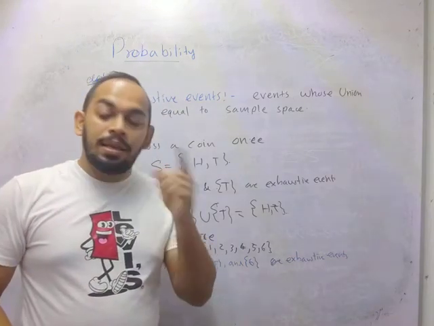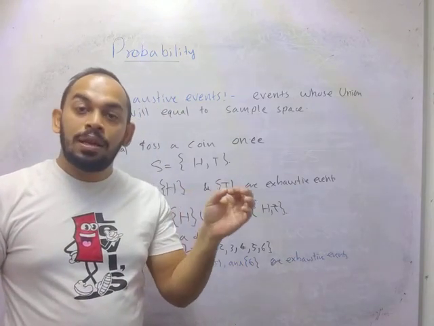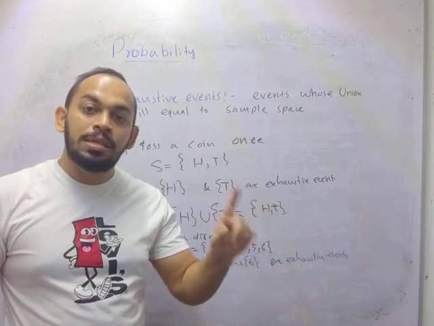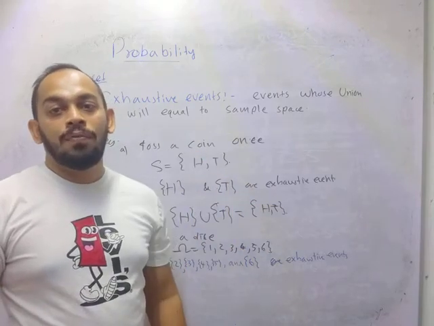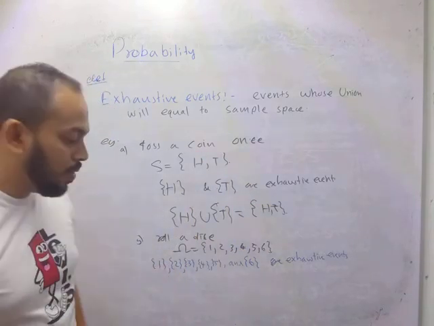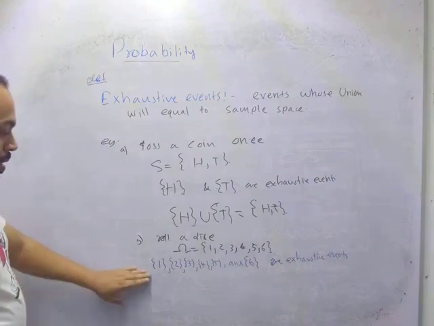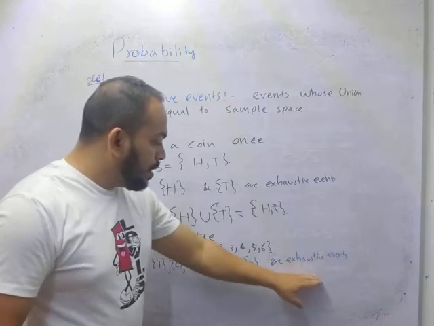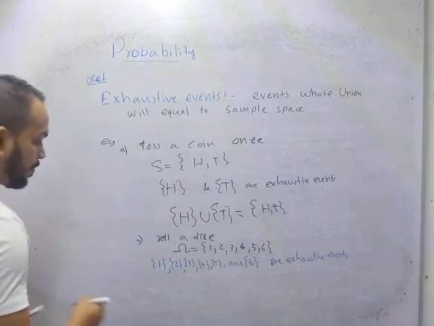Now, there's another thing to note. If there are exhaustive events, that means one of the events must definitely occur. One of them must occur. When you consider all of them, they are exhaustive events.